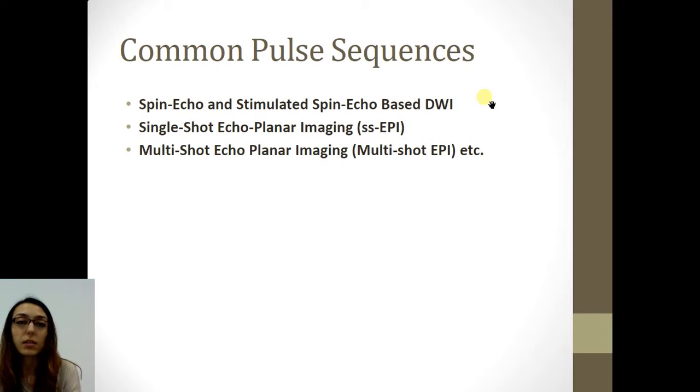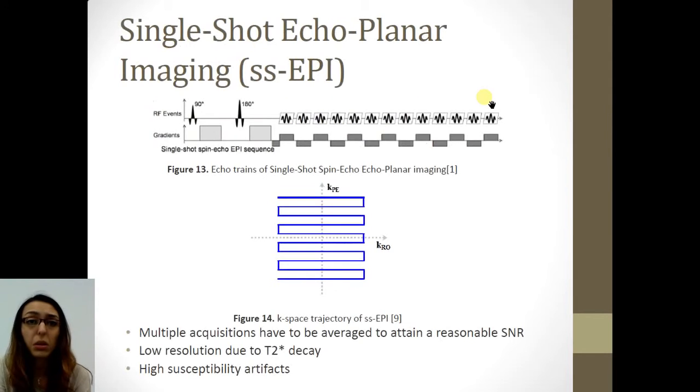But nowadays those are not used since the acquisition times are really long. So that's why I'm not going to talk about them. The most common pulse sequences today are single shot echo planar imaging and multi-shot echo planar imaging. There are also some others like line scan imaging, but I'm not going to talk about them.